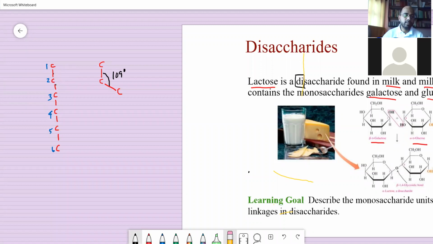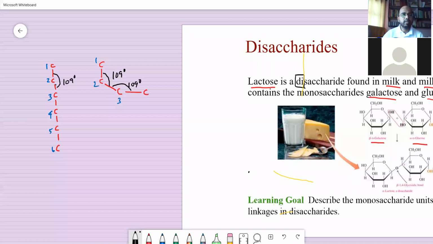Actually, at the third carbon atom, this should bend like this, 109 degrees, similar to 1, 2, and 3. Now the fourth carbon atom should be like this. Again, this will be 109 degrees 28 minutes.